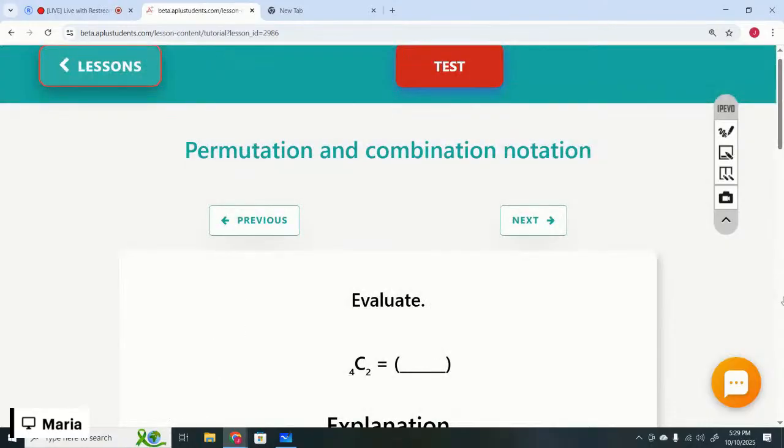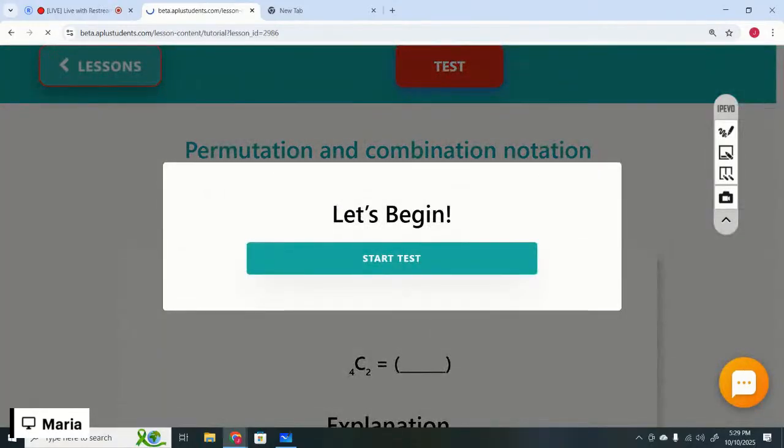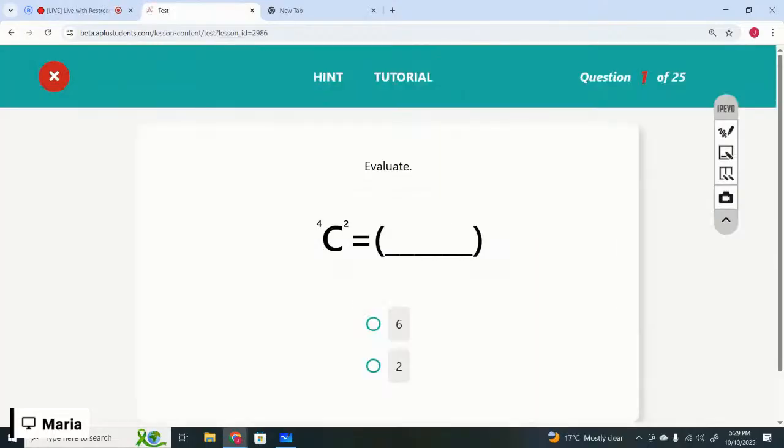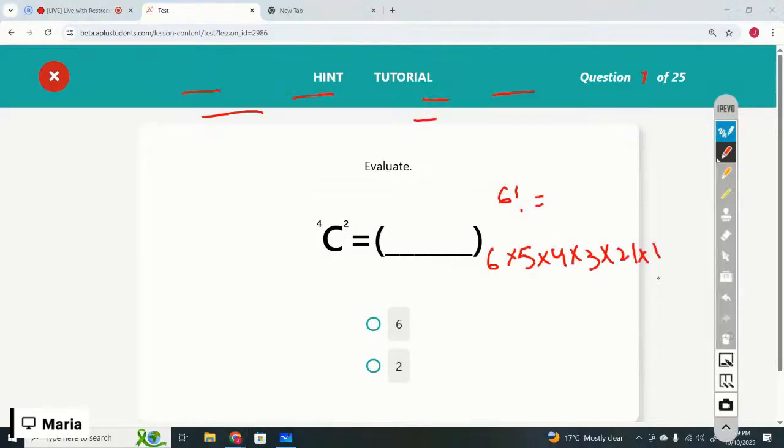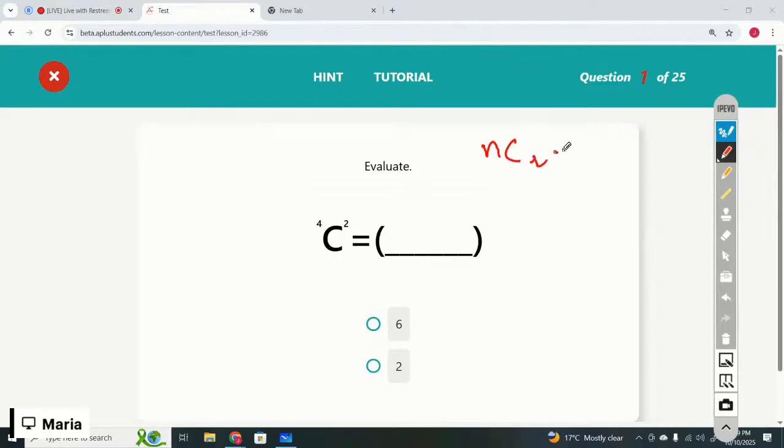Let's just start with the test question. For 4C2, we need to evaluate n factorial divided by r factorial times n minus r factorial.